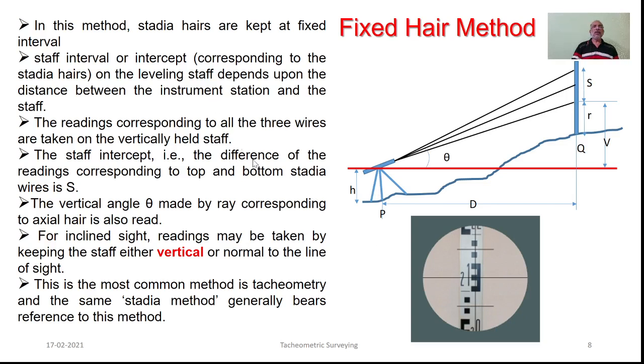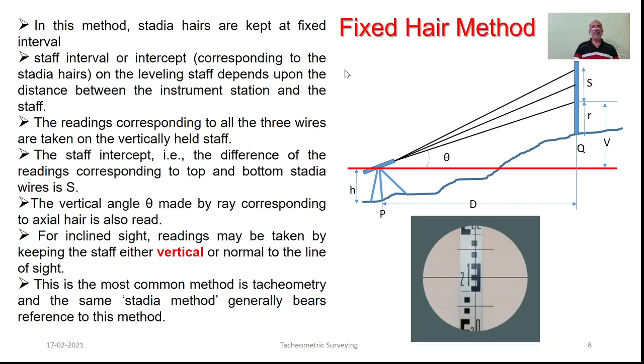So, this staff interval or the intercept on the leveling staff depends upon the distance between the instrument station and the staff. The readings corresponding to all three hairs are taken on a vertically held staff in this particular method.